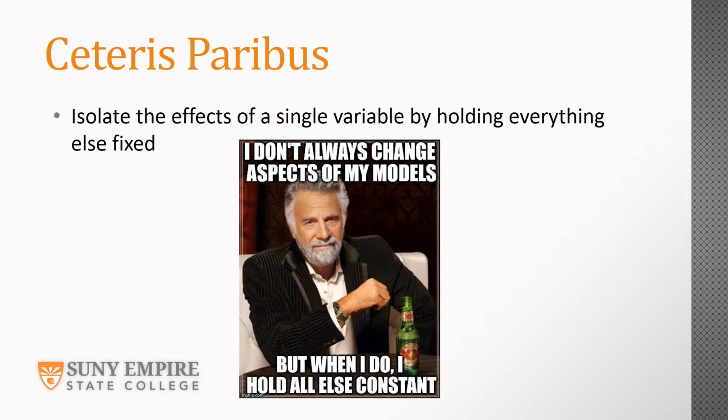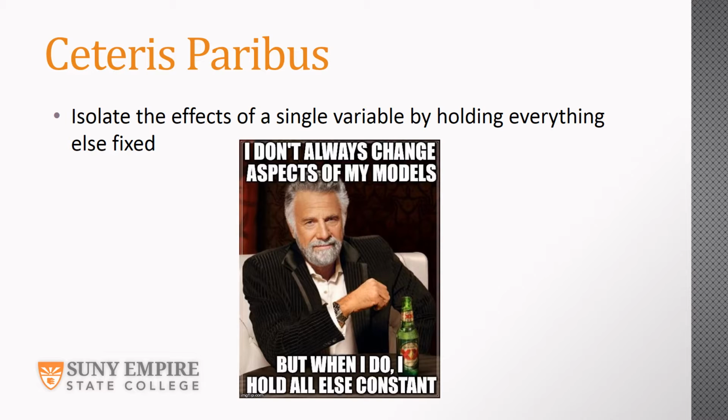One main way we can simplify an economic model is to adhere to the concept of ceteris paribus. This Latin phrase literally means other things being equal. How ceteris paribus works is we try to isolate the effects of one particular variable by holding everything else constant.